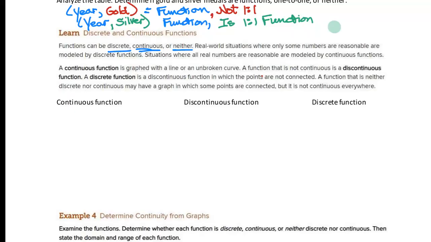It says a continuous function is graphed with a line or unbroken curve. A function that is not continuous is discontinuous. Well, that makes sense. And finally, a discrete function is a discontinuous function in which the points are not connected.